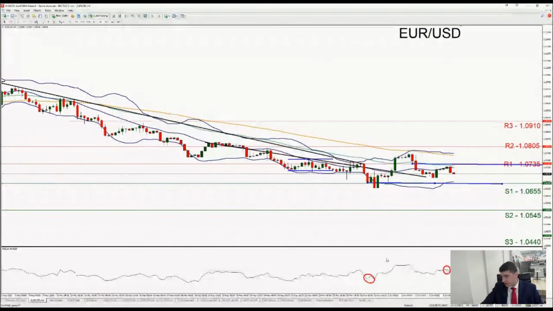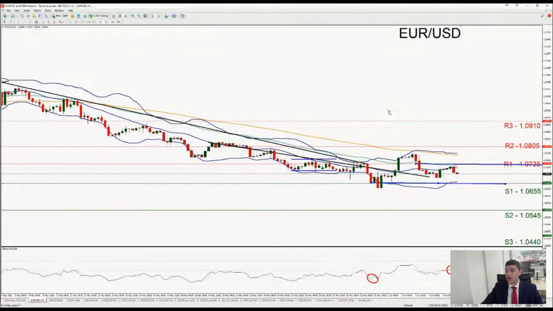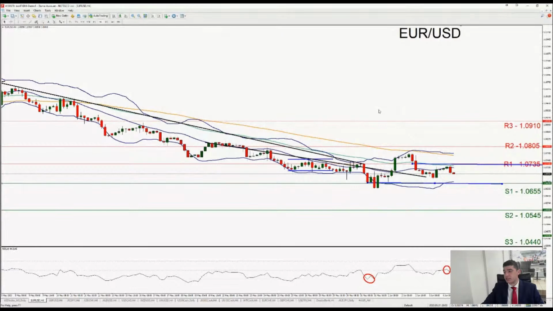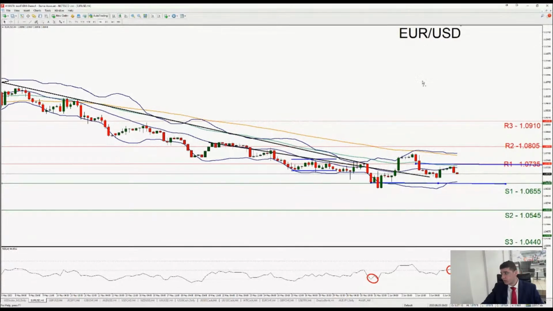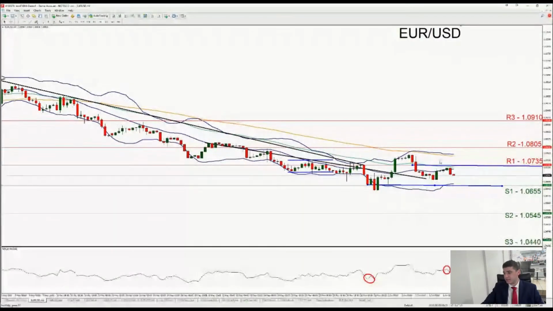So this failure combined with the facts that we mentioned before, the Bollinger Bands narrowing, so less market volatility, failing to break above R1, I would have a sideways bias for the pair as the dollar has weakened, yet it appears that this is not evident in this pair, which may be not a sign of dollar strength, but of euro weakness.